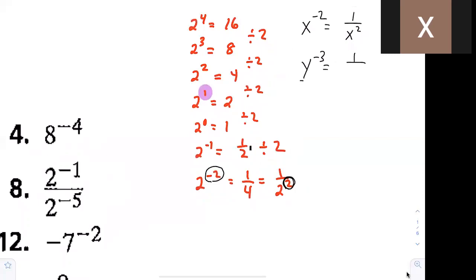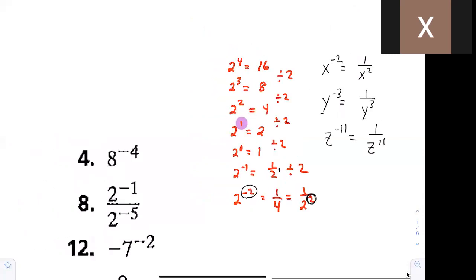Yeah, 1 over y cubed. Yes, there you have it. So what is z to the negative 11? 1 over z to the 11th power. Exactly. All right, now I'm going to get wild and crazy.